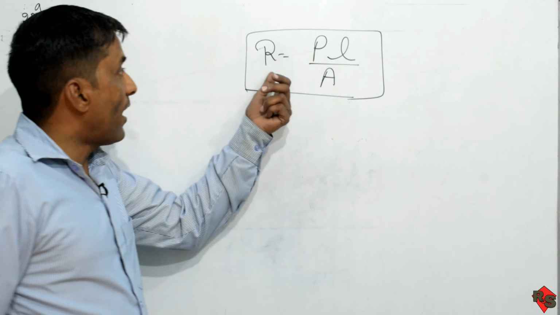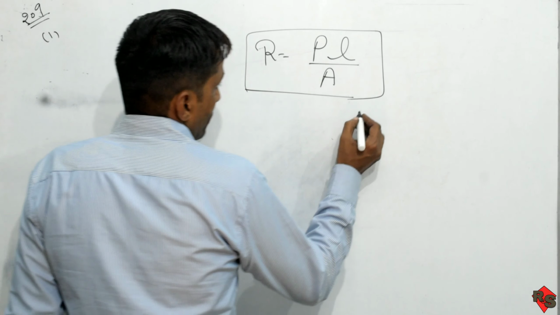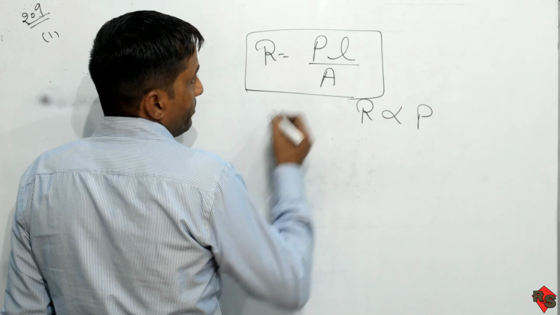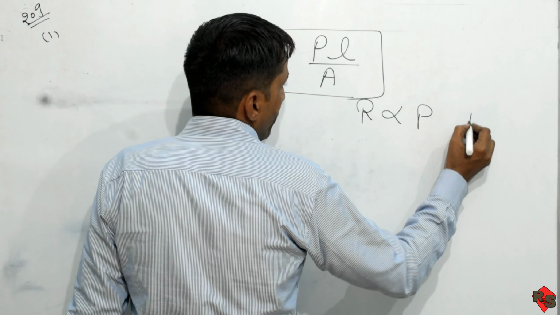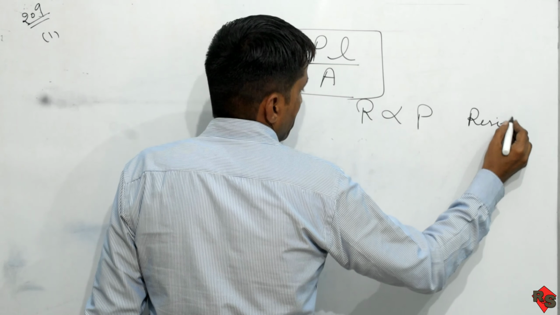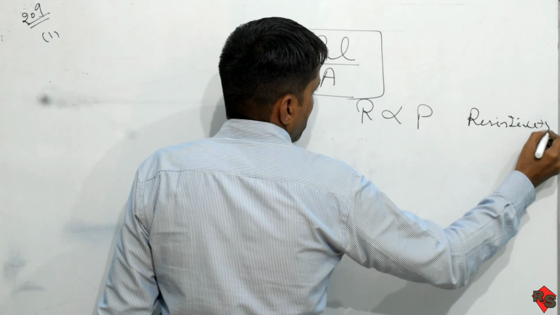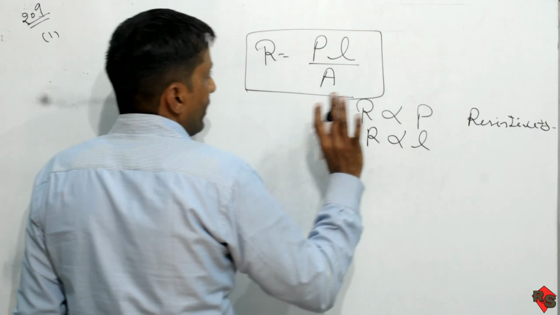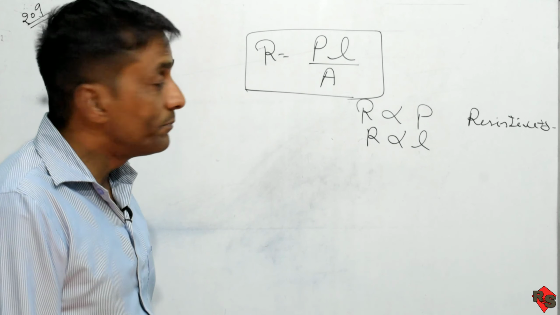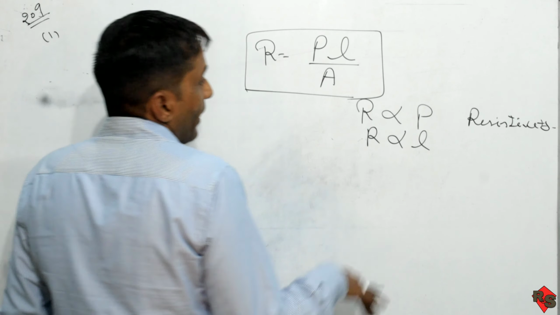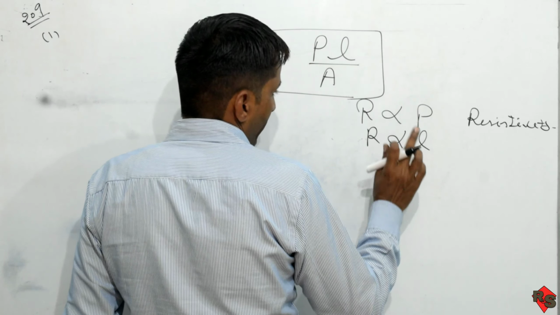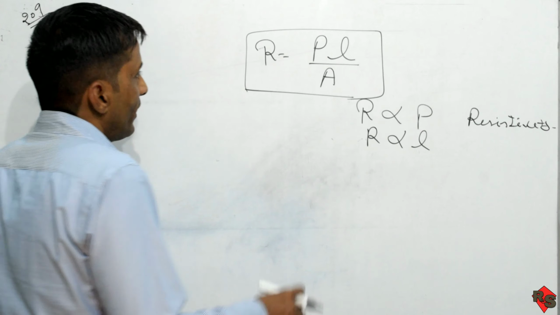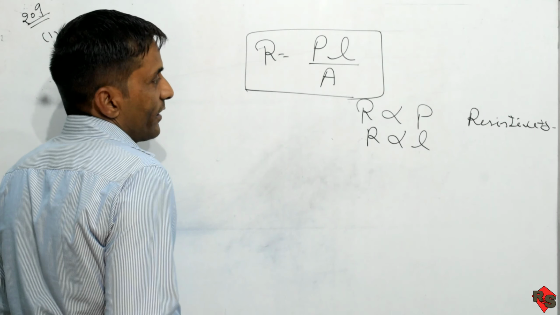By which factors does R depend? R depends on rho, that is, resistivity. L is the length of the conductor. In 12th, actually, L is the length of the conductor in the direction in which current flows, but in 10th class you can say L is the length of the conductor, no problem.